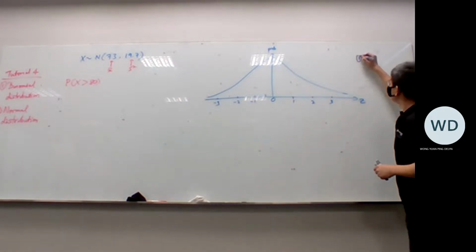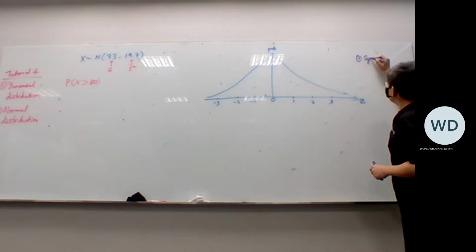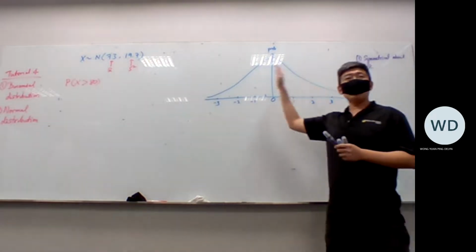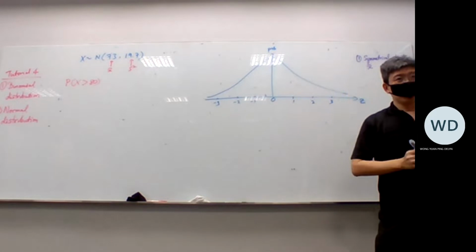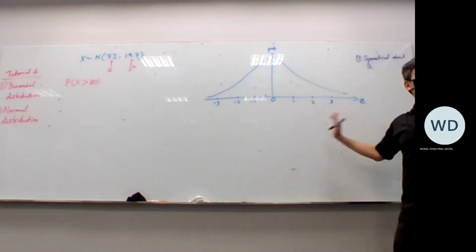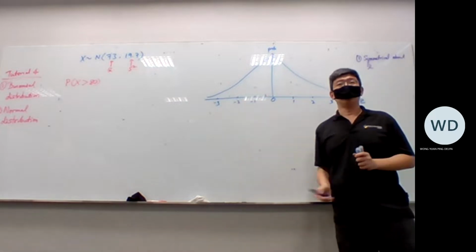Number one is it is symmetrical about the mean itself. That means the area on the left-hand side and the area on the right-hand side is the same. That's why your table only gives half the curve. It doesn't give you the opposite half.